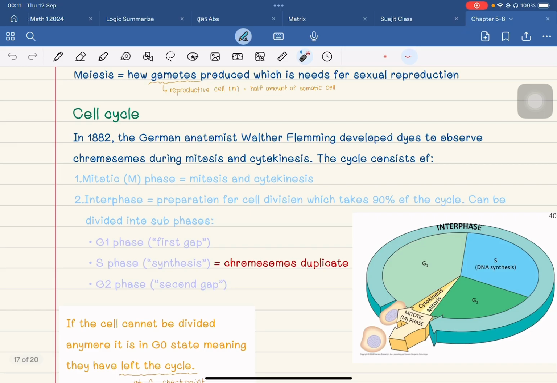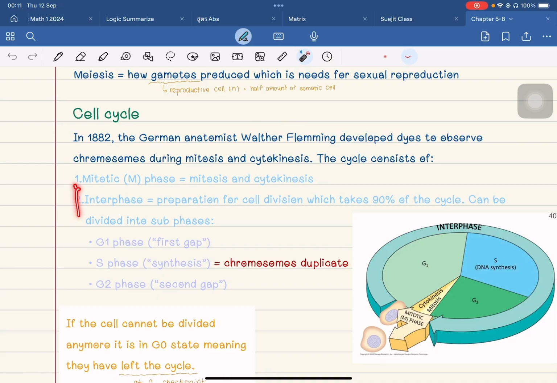And then the cell cycle. In 1882, the German anatomist Walther Flemming developed dyes to observe chromosomes during mitosis and cytokinesis. The cycle consists of, first, the mitotic or M phase, which is the mitosis and cytokinesis phase.